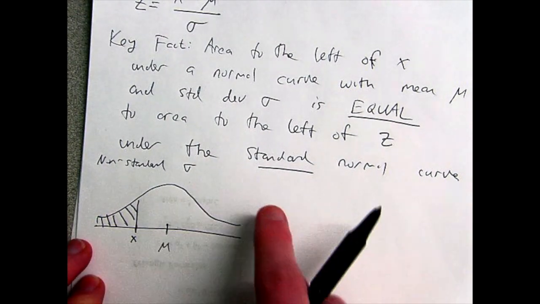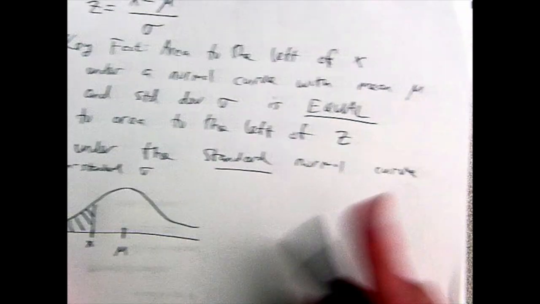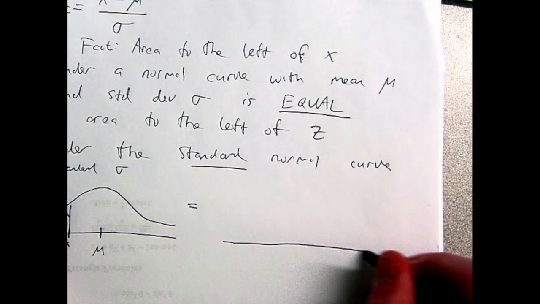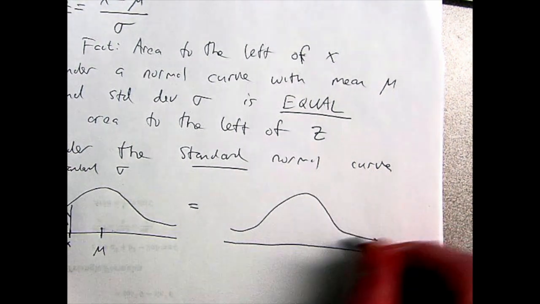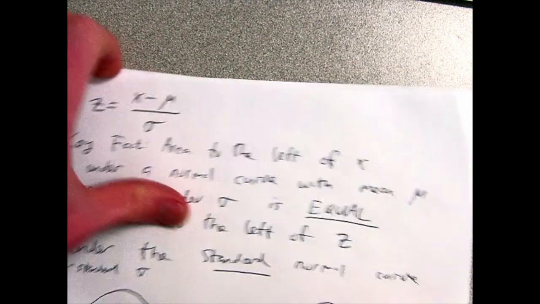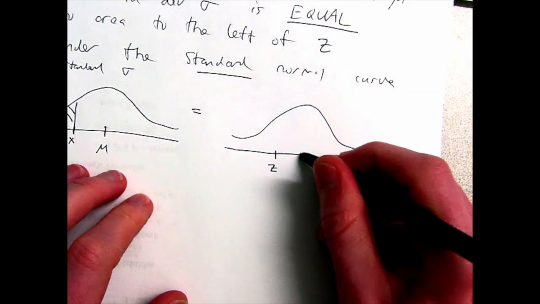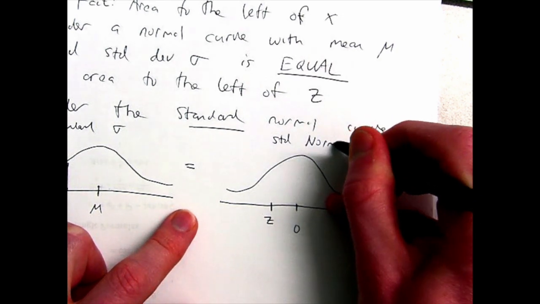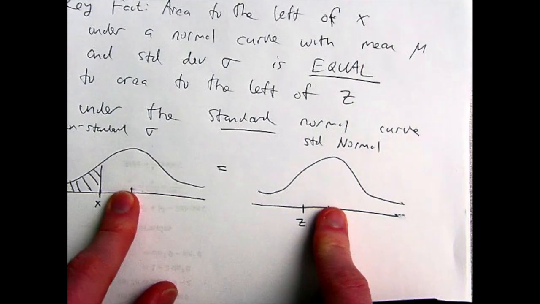This key fact tells you that the area to the left of x under this non-standard normal is actually going to be the same as the area to the left of z, which is defined by this formula here, to the left of z under the standard normal. So here's the standard normal.